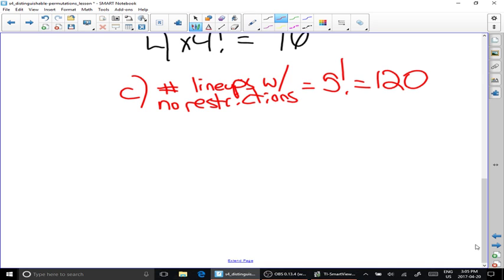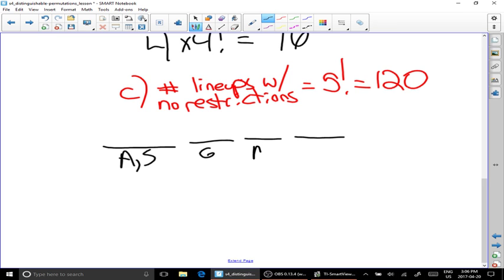So if they're together, then we consider the two of them as one dog. And we still have the other 3 dogs to place. So if we want to figure out the number of ways that they are together, using what we did in part A, can you give me an expression that would help us find the number of ways that they would be together?